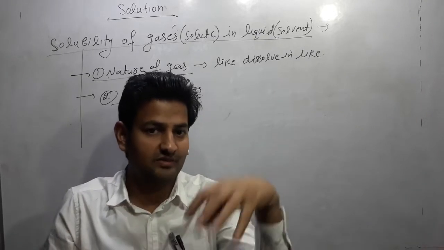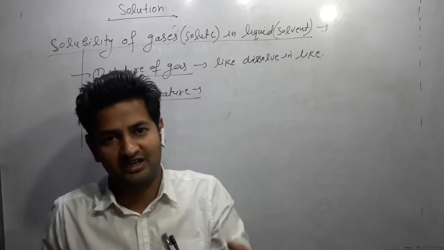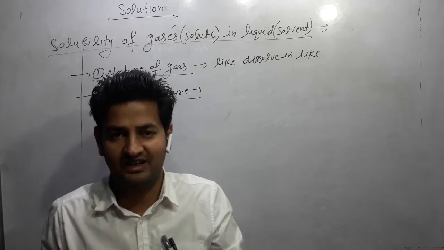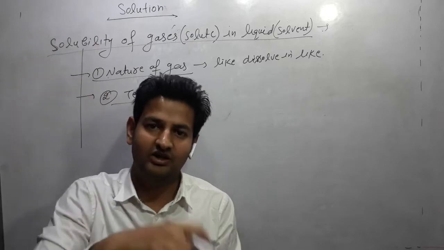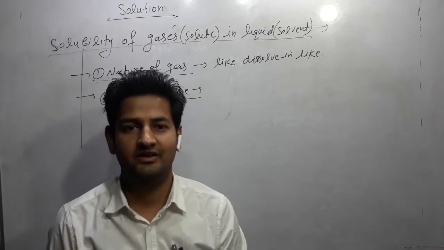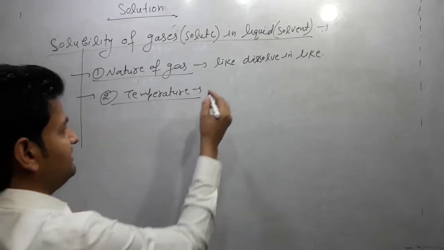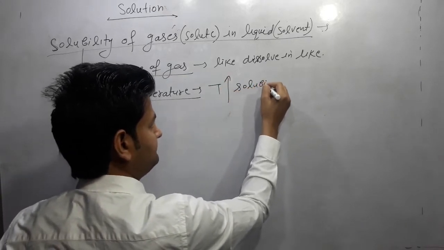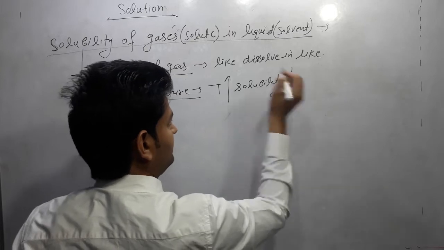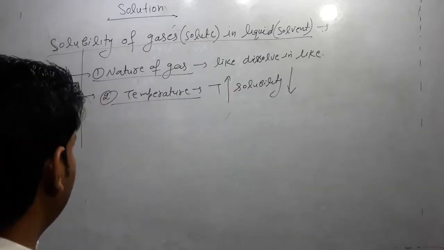Gases converting into liquid means condensation takes place, so it is an exothermic process. Heat releases, energy releases. So when temperature increases, the solubility of gases in the liquid decreases.